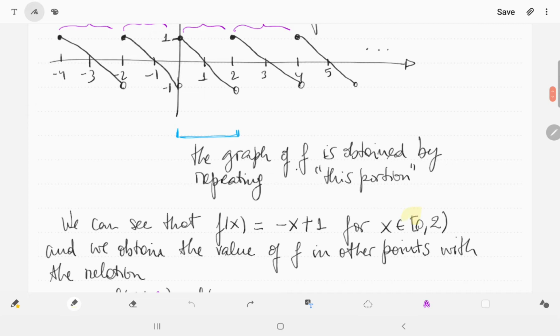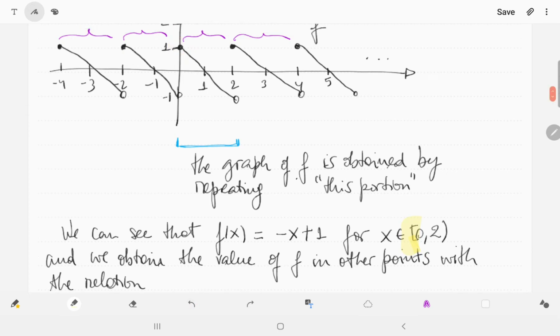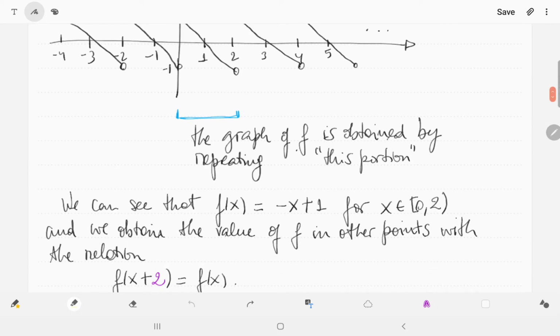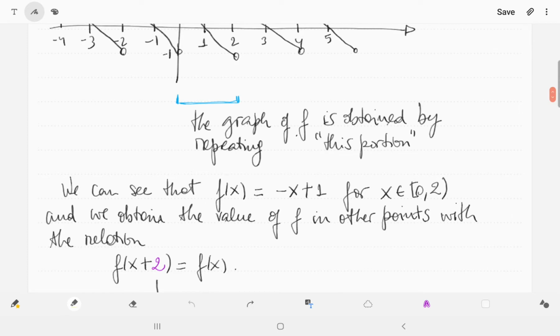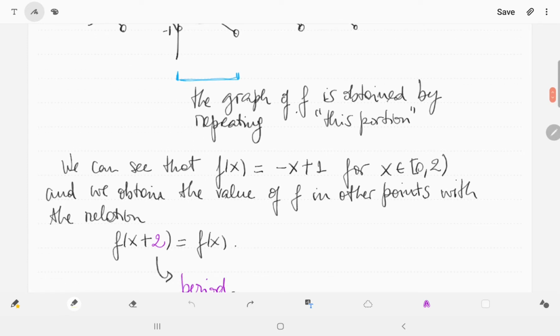Here we have a bracket because we're including this point, and parentheses here because we are not including this point. So this function is a 2 periodic function, as we can see here from the graph.